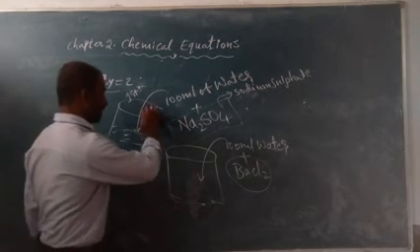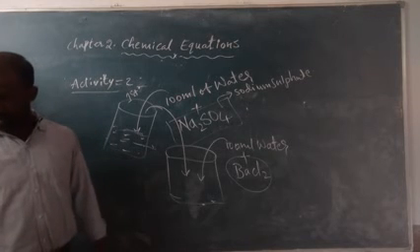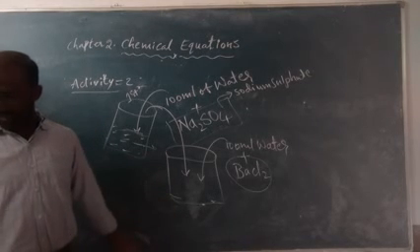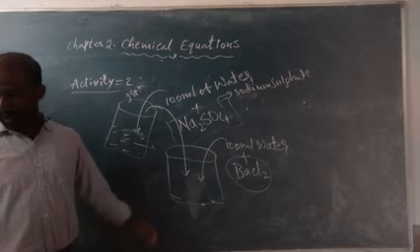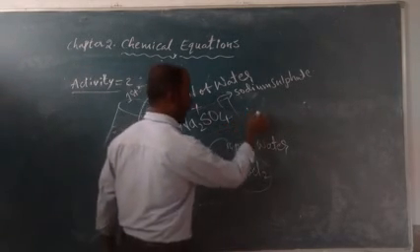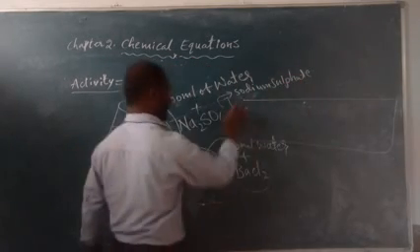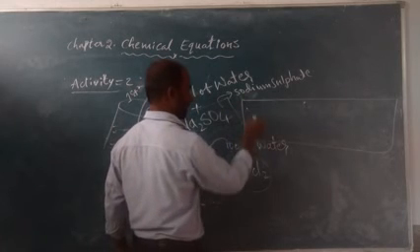If this sodium sulfate solution is going to be mixing with the barium chloride, then automatically a new solution is going to be formed. How does it form? It is going to be formed due to the effect of a chemical reaction.